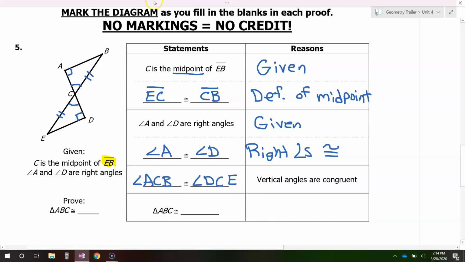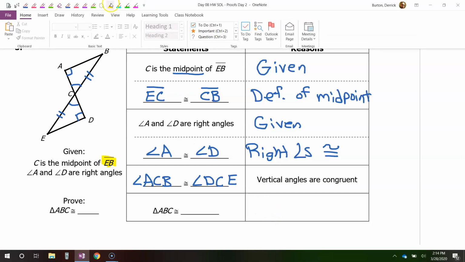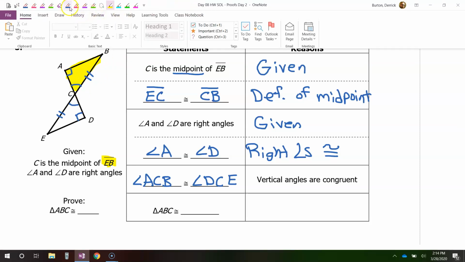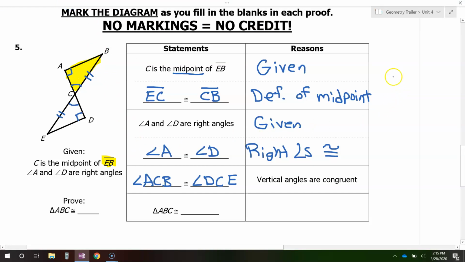But why? Look at one triangle at a time as you decide. So consider the yellow triangle first. What information do we have? We have two angles and a side. All right? Two angles and a side. So that means it'll either be angle, side, angle, or it'll be angle, angle, side.